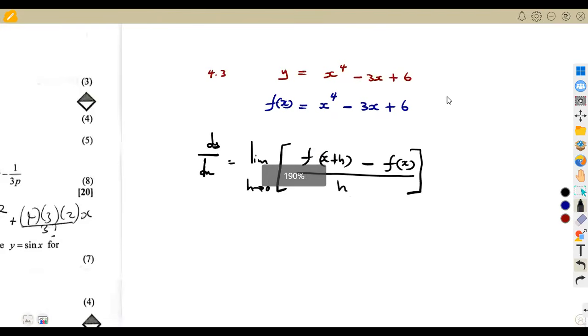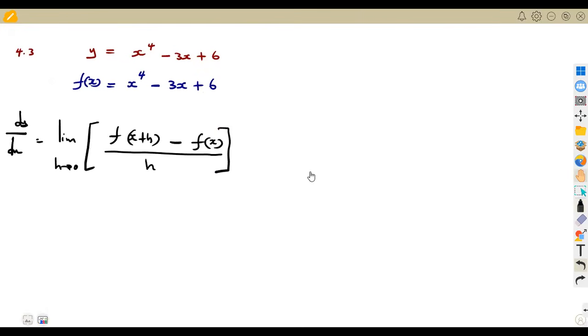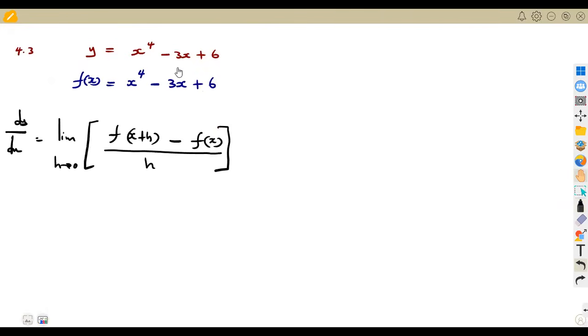But we have to consider a lot of things on this formula, because of the exponent of 4, you have a bigger exponent to consider. On your f of x plus h, you are supposed to substitute x plus h. So what I'm going to do is simplify what we see on the formula, then substitute our answer at the end.